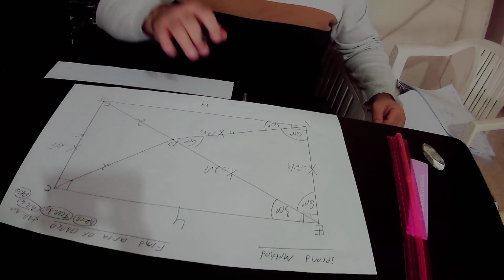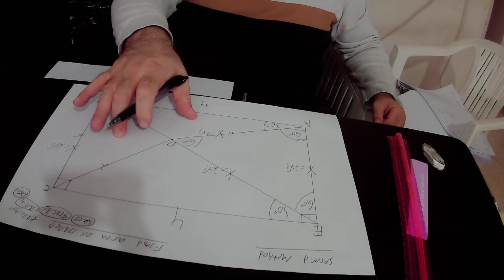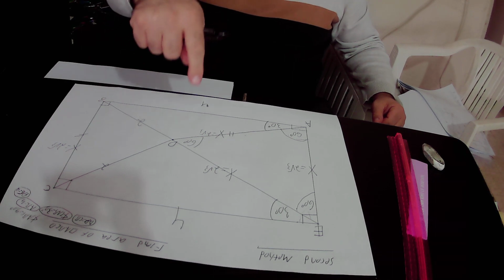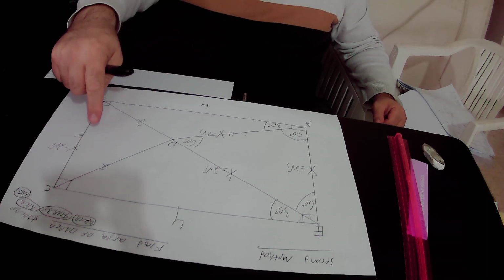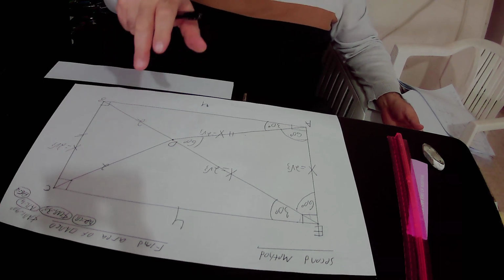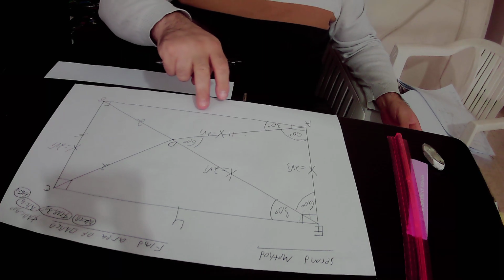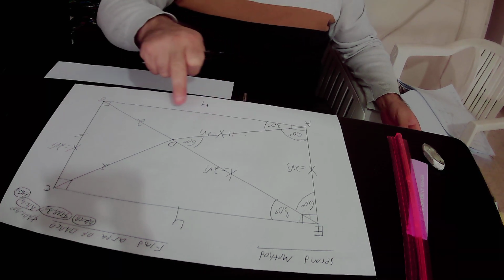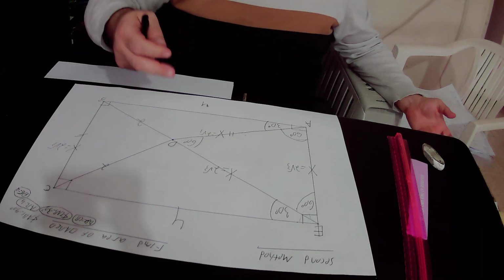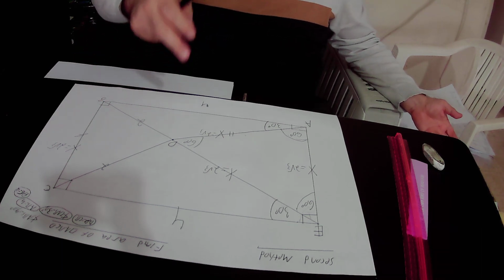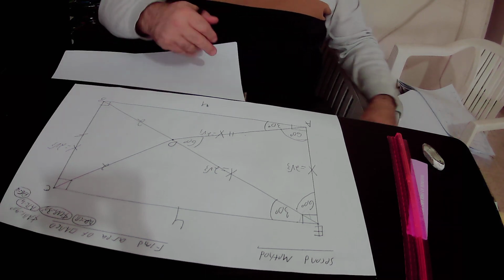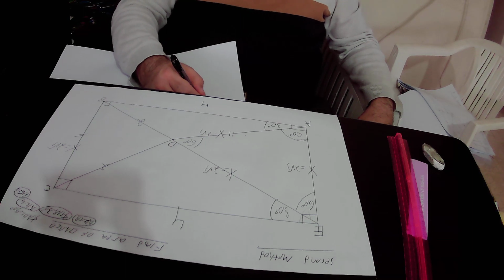Because the area of quadrilateral ABCD will be equal to the sum of the areas of triangle ADB plus the area of triangle BDC, because if you can see from the drawing, quadrilateral ABCD consists of two triangles, triangle ADB plus triangle BCD. Therefore, the sum of the areas of those two triangles will be equal to the area of quadrilateral ABCD. Very simple.